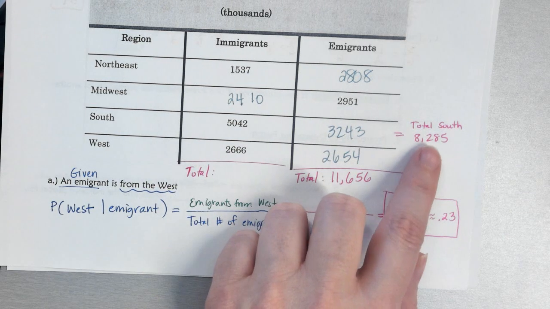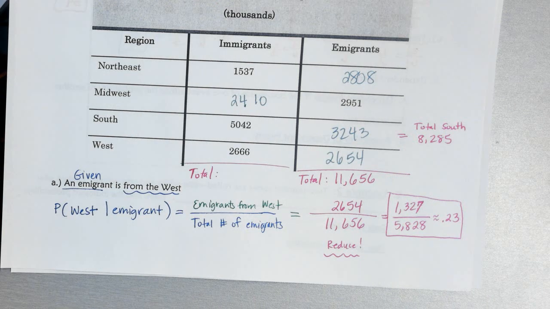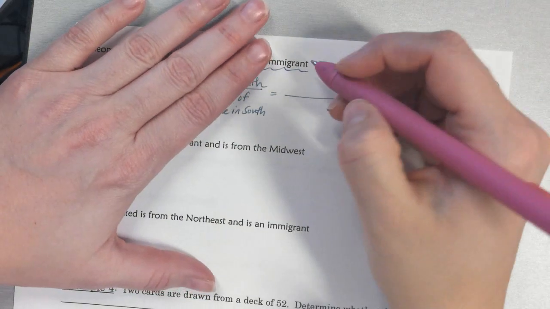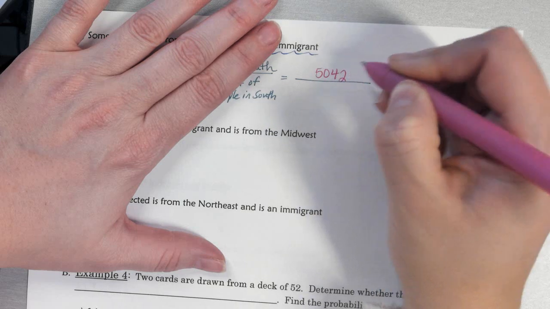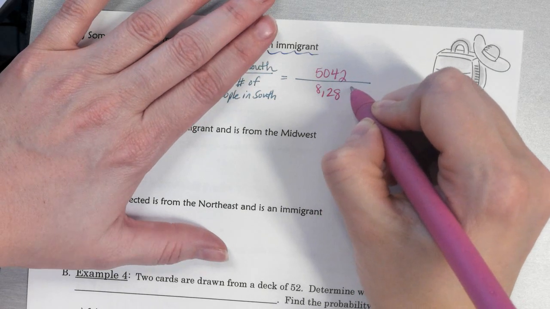And that's going to be our denominator. And then the numerator are the immigrants from the South, which would be the 5,042. So this is going to be the 5,042 over the 8,285.